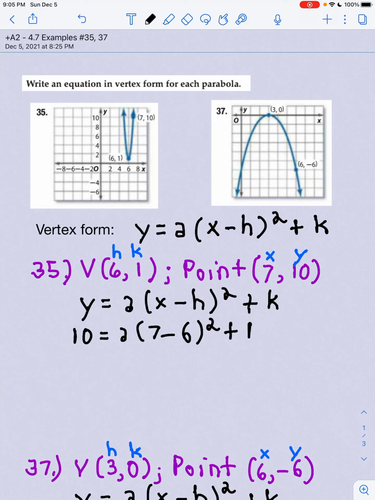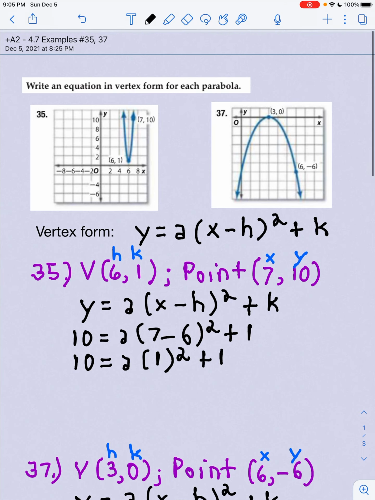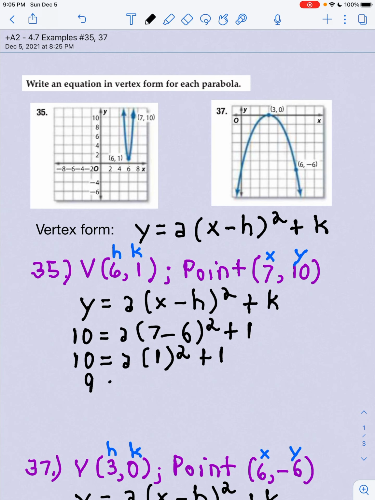And now what I want to do is simplify what I have and solve for a. When I do that, 7 minus 6, of course, is 1, and 1 squared is going to be 1. And if I subtract the 1 that's being added, that actually means that 9 would have to equal the value of a.